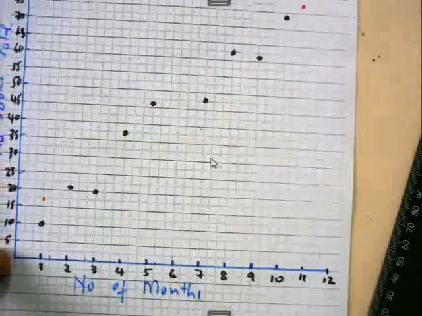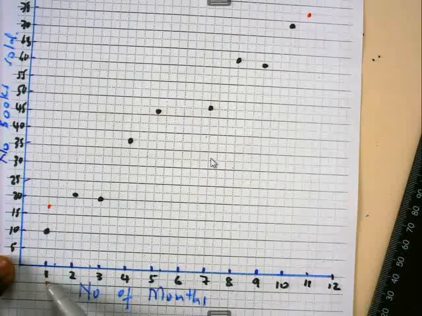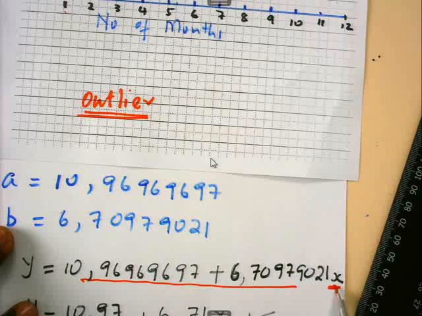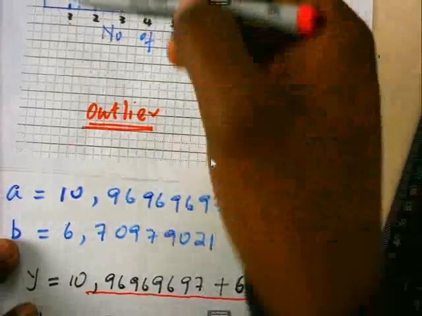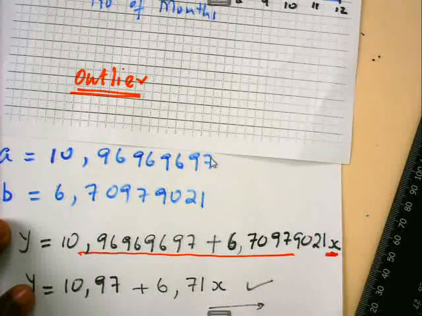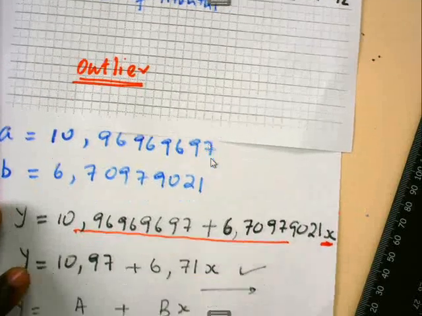Remember we took the value of 1 and substituted it into the equation where there is x, and we found the value of y is 17.70. And then for the other value, we substituted 10. Let me write it down here.